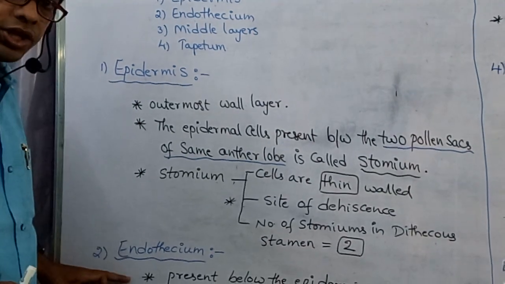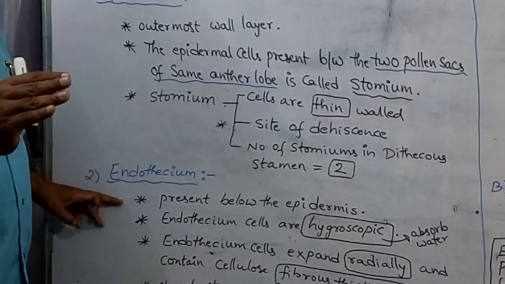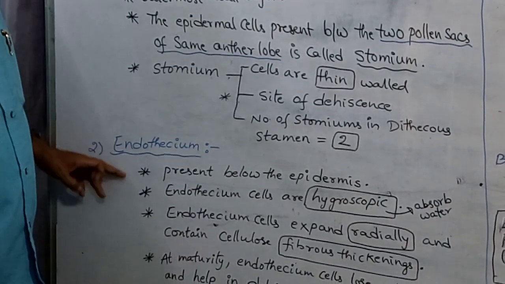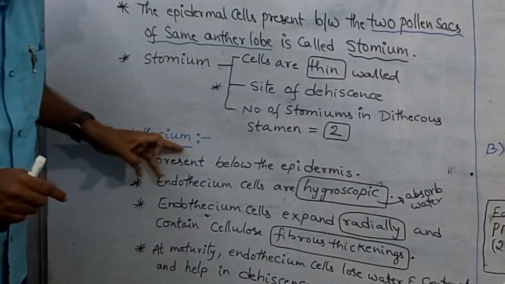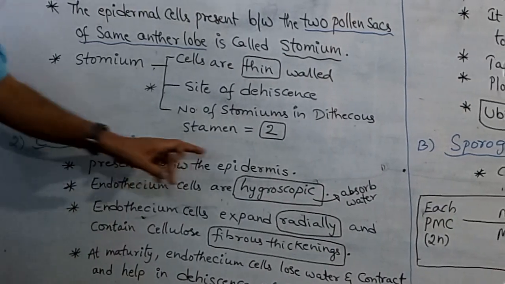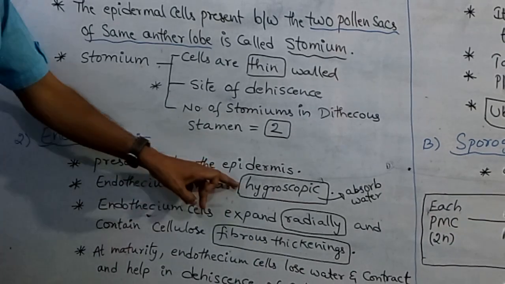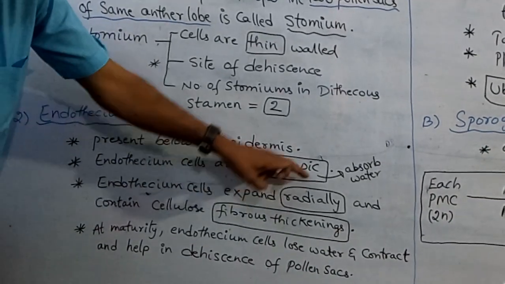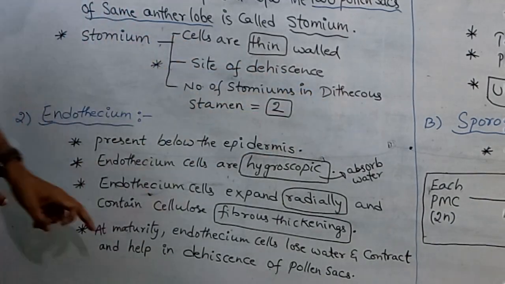Next, endothecium. Don't say exothecium. Don't say endodermis. This is endothecium, present below the epidermis. Endothecium cells are hygroscopic in nature. Hygroscopic means which absorb water, which absorb moisture.